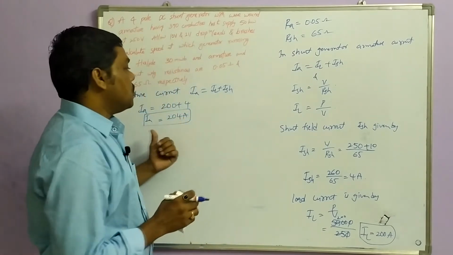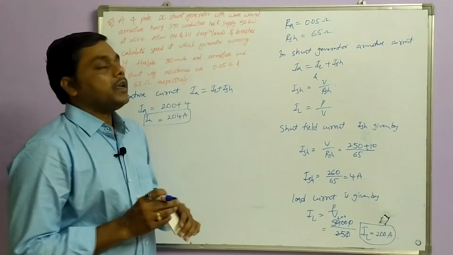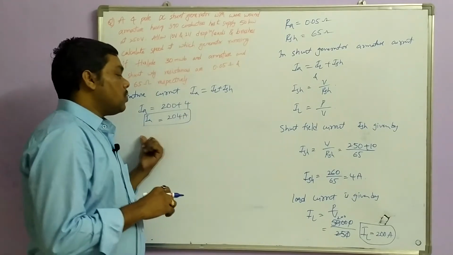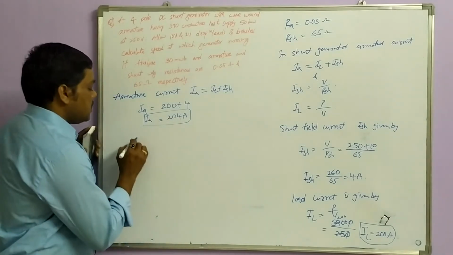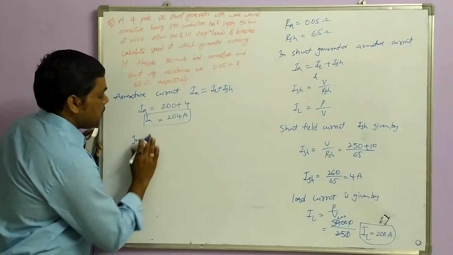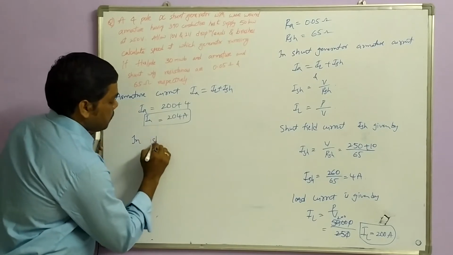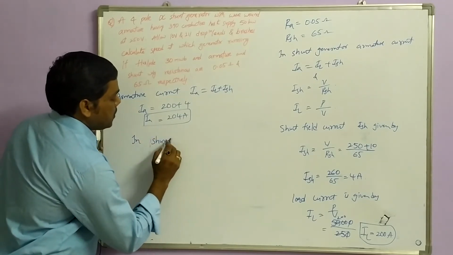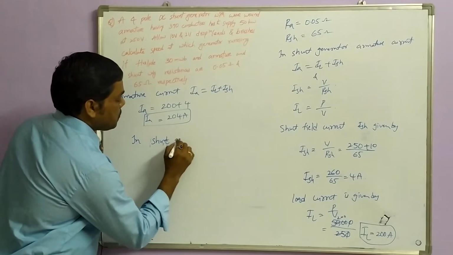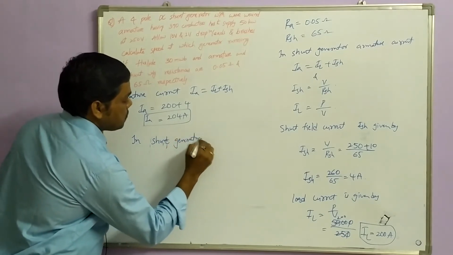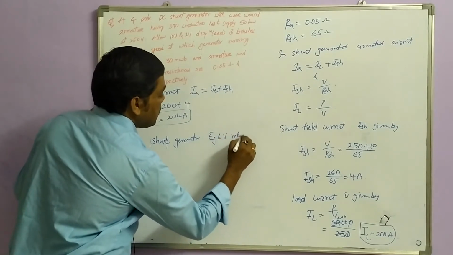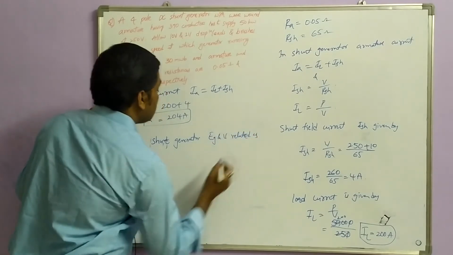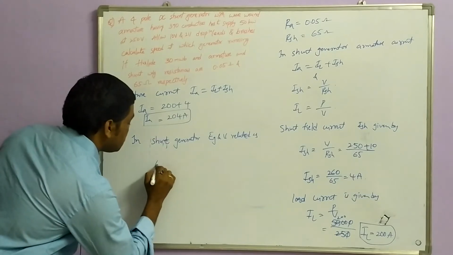Now I am going to derive the generated EMF in terms of load voltage and armature currents. Okay, now what is the relation in shunt generators? In a shunt generator, EG and V are related as, so what is the relation?